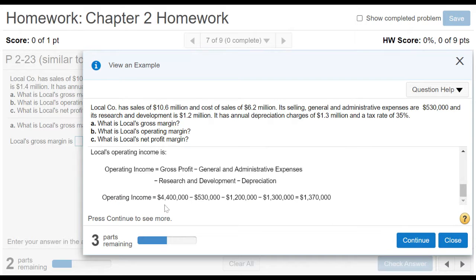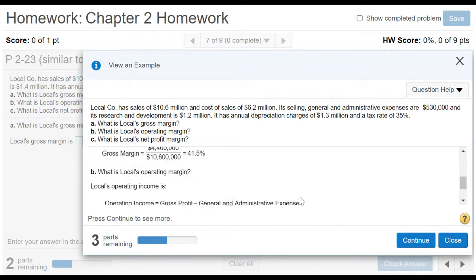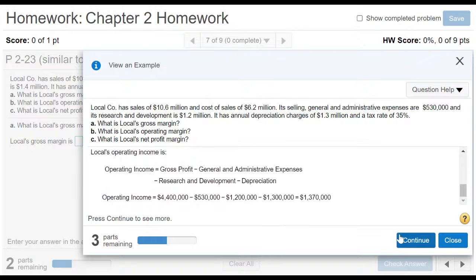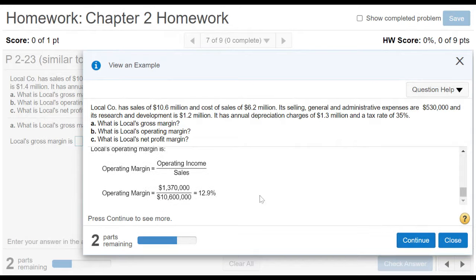So 4.4 minus 530 minus 1.2 and minus 1.3 equals 1.370. Then you divide that by 10.6, right? And then you're going to get 12.9. I believe you multiply by 100, or you can move the decimal place 2 places, right?